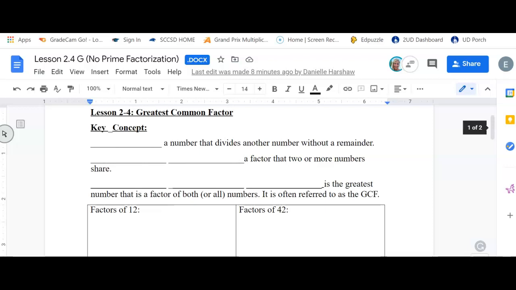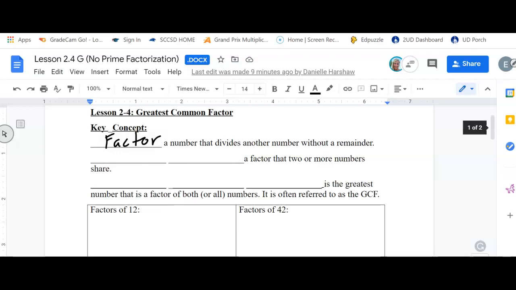Chloe. Good. It is a factor. A factor, a number that divides another number without a remainder. Factor can also be said as numbers that you multiply together to get another number. It's numbers you are multiplying.